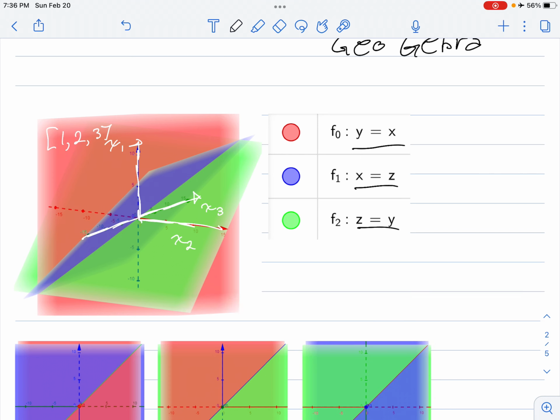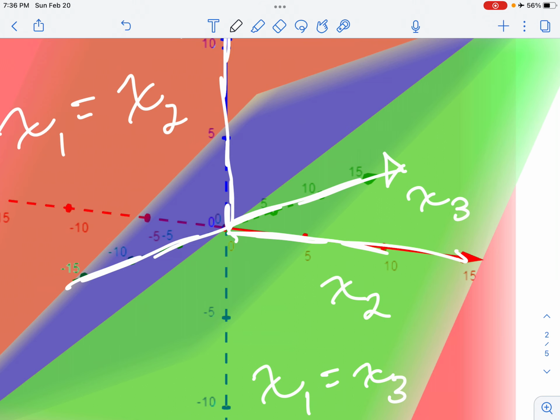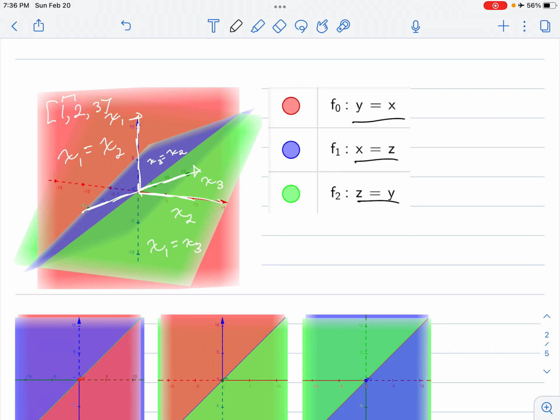And then each of these planes, the red plane would be where x1 equals x2. So these 2 variables match. I believe green could be x1 equals x3, and then this blue plane is x3 and x2, right? Which are these equations over on the right side.